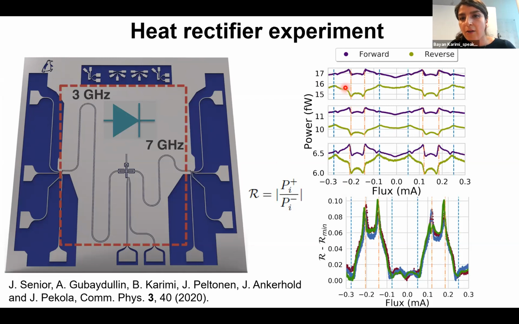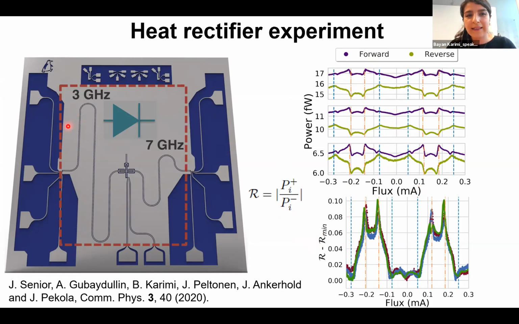You can see how it looks in reality in the experiment, and even the shape of the power is different here. The ratio of these two gives us the rectification, and we could see about 10% rectification in this setup. We don't have any theoretical model for that. This is an open question, how the power works here.